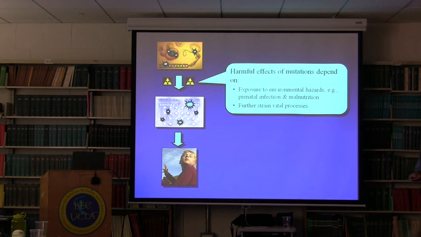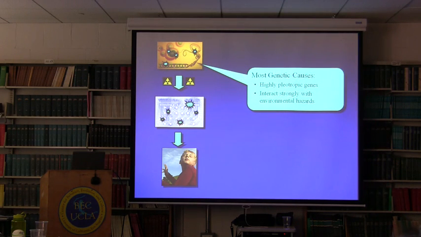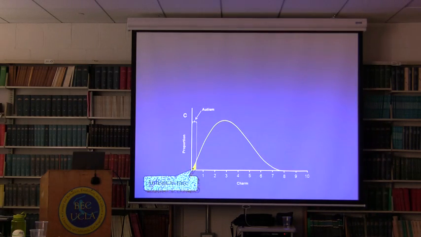Those harmful effects will depend also on exposure to environmental hazards such as prenatal infection and malnutrition, which further strain vital processes. So most of the genetic causes are highly pleiotropic genes that interact strongly with environmental hazards. I also want to point out that autism is rare.